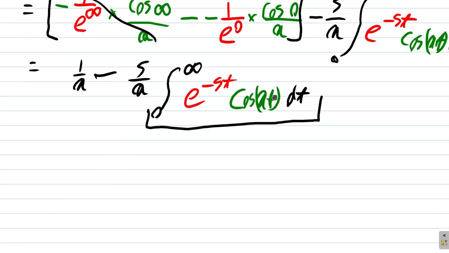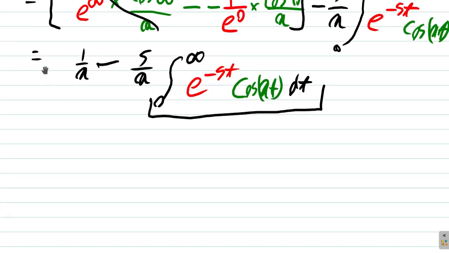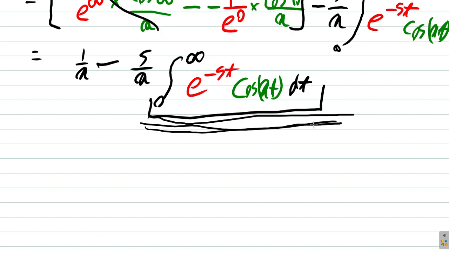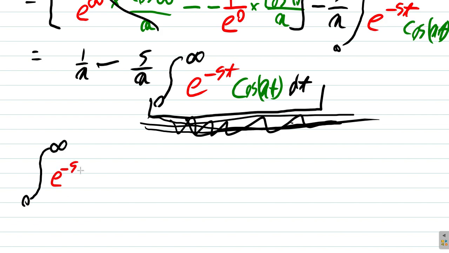Alright, so let's make a note of this part. Let's put 3 lines on there to mark it. I will come back to it. Now, what we have is the integral from 0 to infinity of e to the negative st cos at dt.